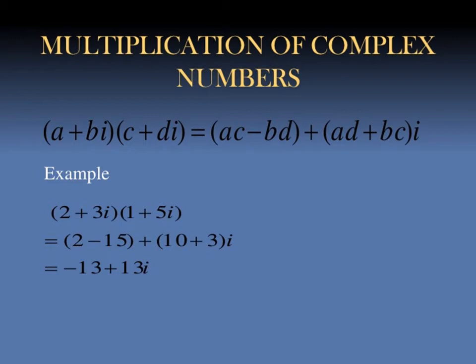This becomes a new complex number from the multiplication of the two complex numbers, that is minus 13 plus 13i. Here 13 is common between these two, so we take 13 out of the bracket: 13 times minus 1 plus i. It is also the answer of the multiplication of two complex numbers. Okay, you get it, students.